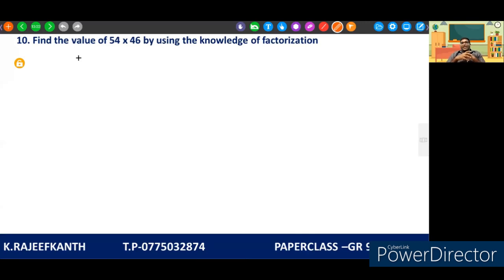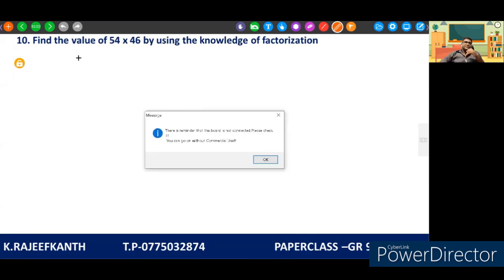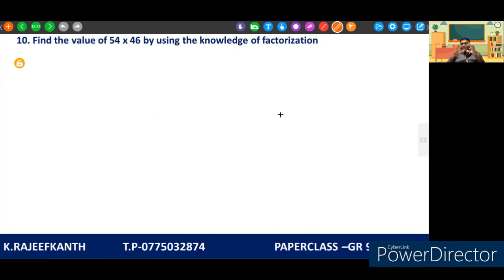So we have learned those things in the factors, right? Here, find the value of 54 into 46. This is the product of two numbers, right? So how can we arrange this? How can we use the factor knowledge to find the answer of 54 times 46? Here we know that the factors of a squared minus b squared is equal to a plus b into a minus b.